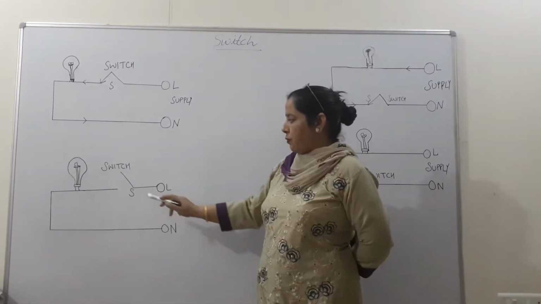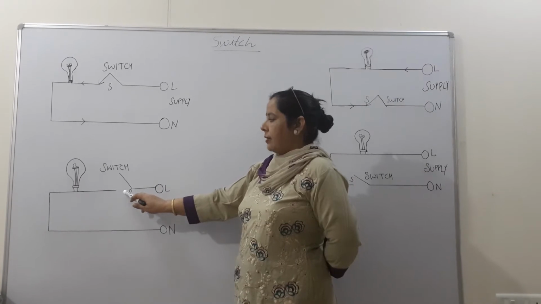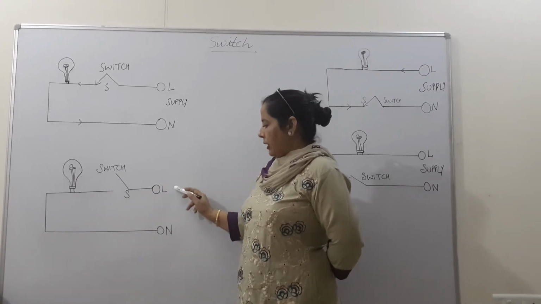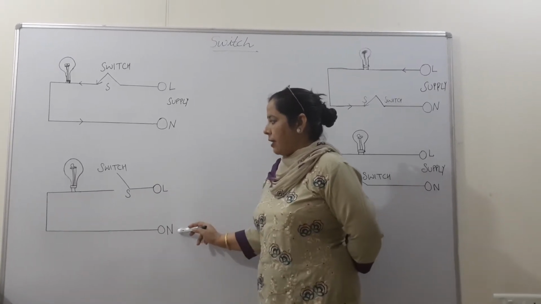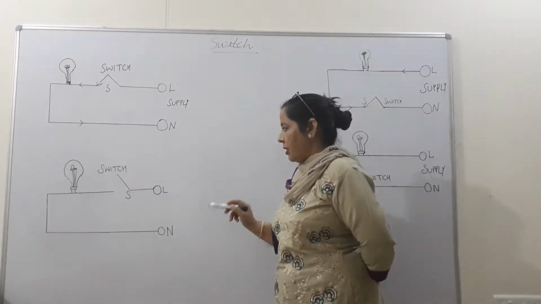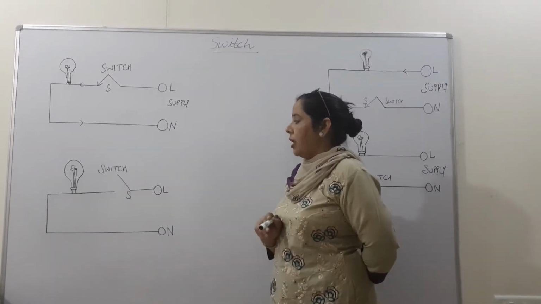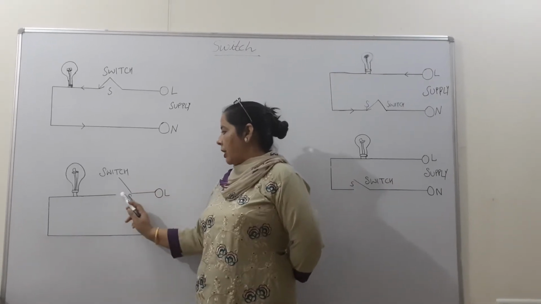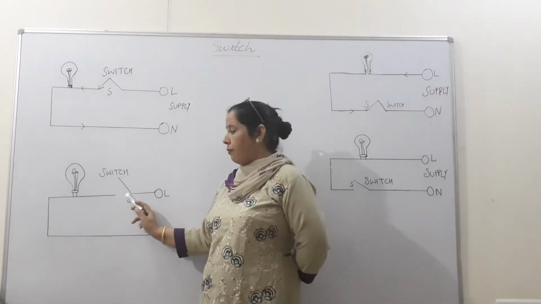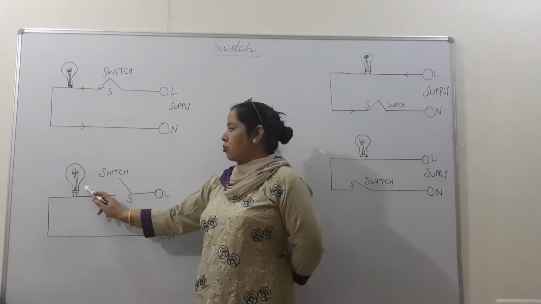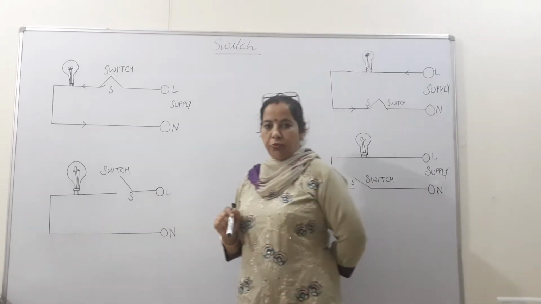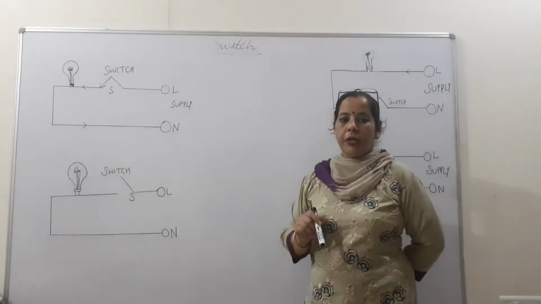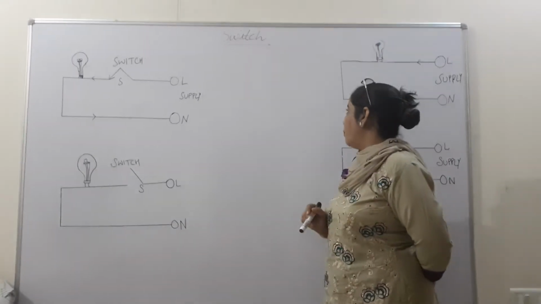But when the switch is off, what will happen? Both the live and neutral wire will be at the same potential, at zero potential. The circuit is broken, the switch is off, the circuit is not complete, so the current will not reach the appliance, so it will not glow, it will not work.